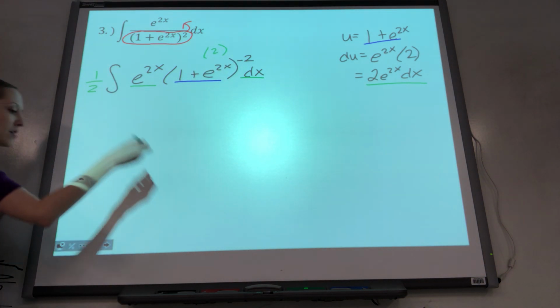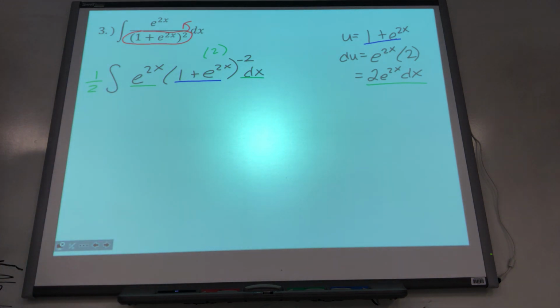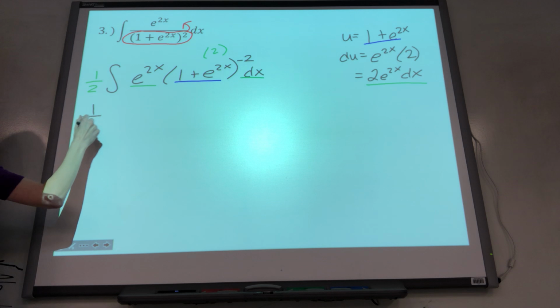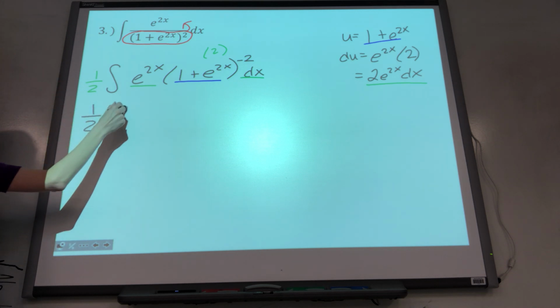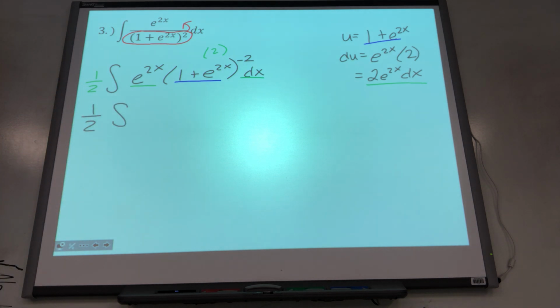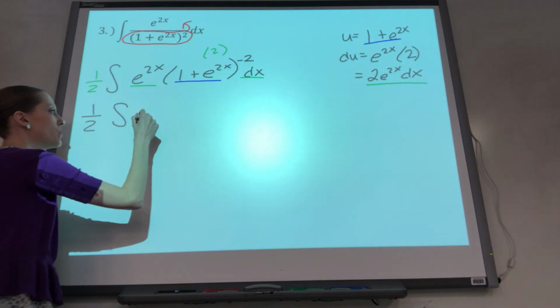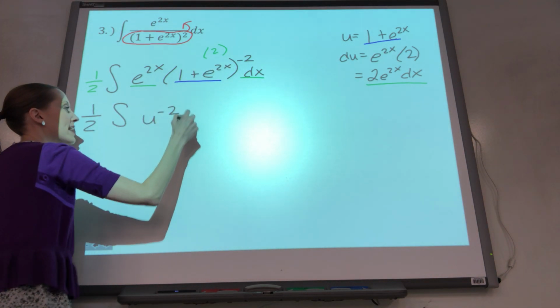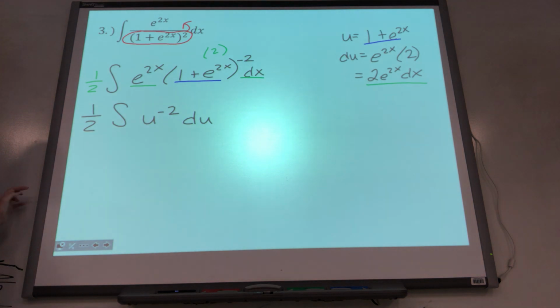And so I need to pull a 1/2 out front. Now we're getting somewhere. So this 1/2 can stay out front, and now it is u to the negative second du.